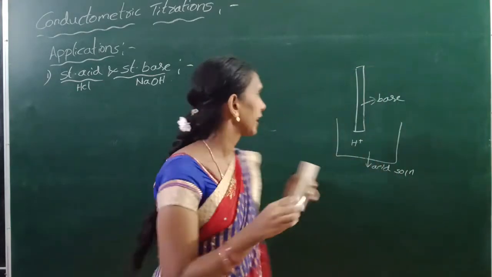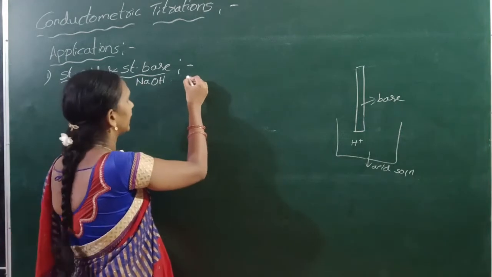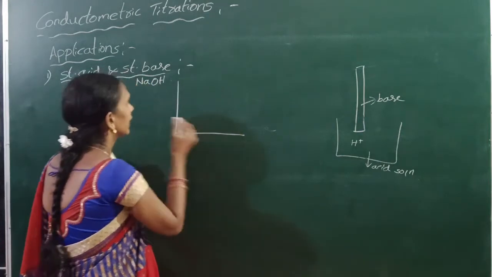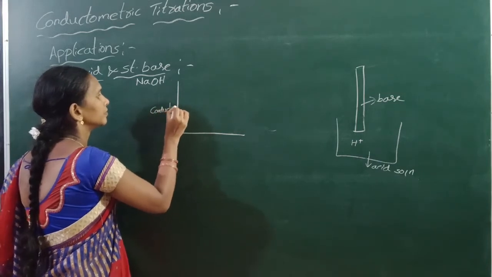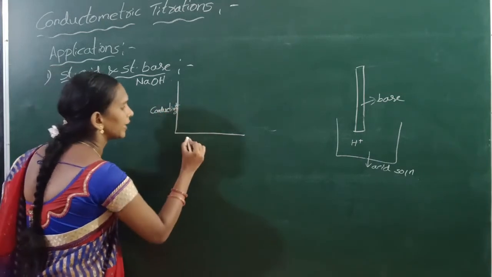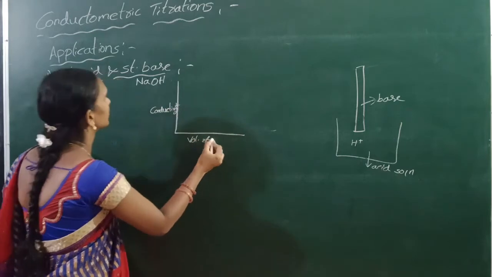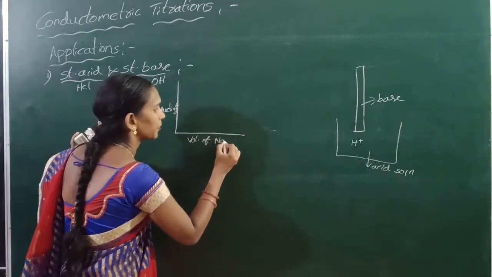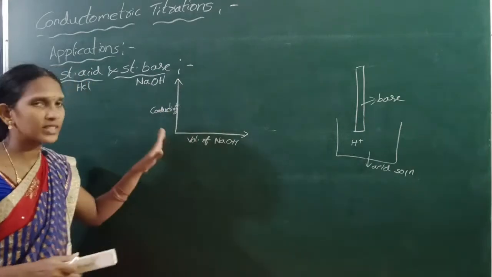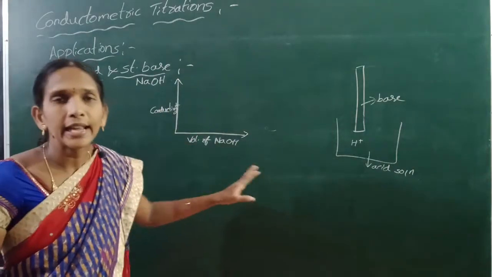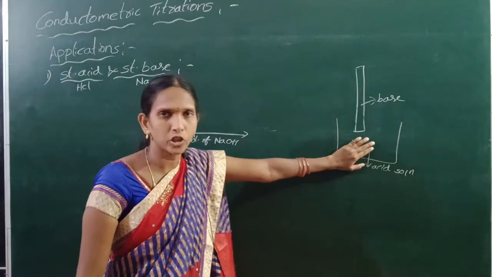That means we can draw the graph between conductivity values and volume of base. Base means here NaOH. First, we can note the conductivity of HCl solution.